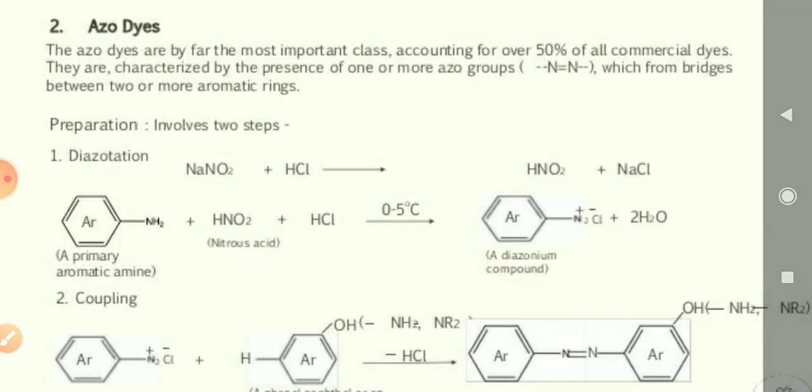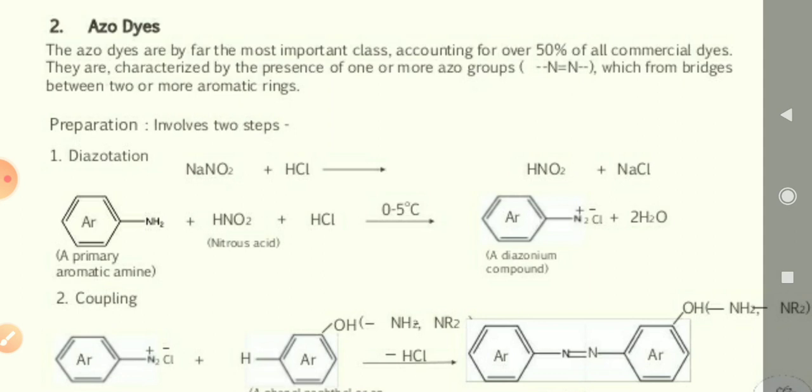The azo dyes are by far the most important class, accounting for over 50% of all commercial dyes. They are characterized by the presence of one or more azo groups, the double bond N=N group, which forms the bridge between two or more aromatic rings. This is the process to make the azo dye.